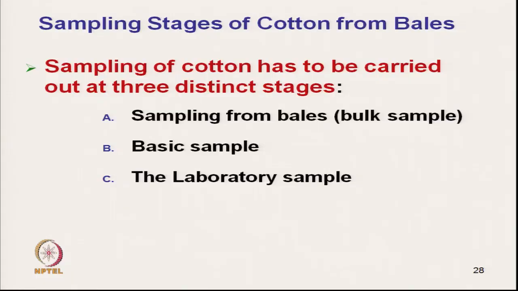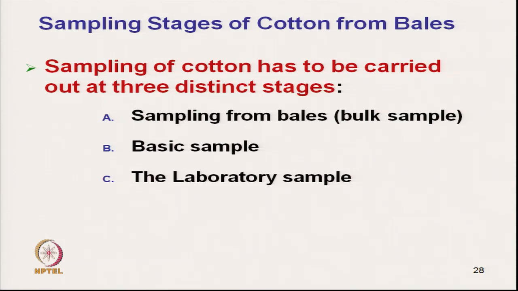First, starting with the cotton fiber from the bale. Cotton comes in bale form, and sampling of cotton has to be carried out at 3 distinct stages. First is the sampling from the bale, called the bulk sample.